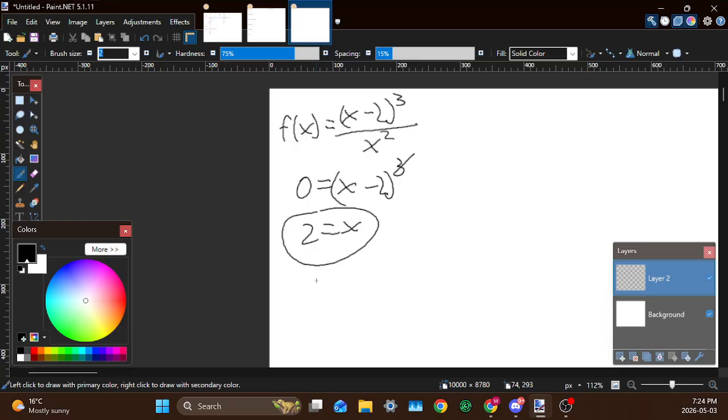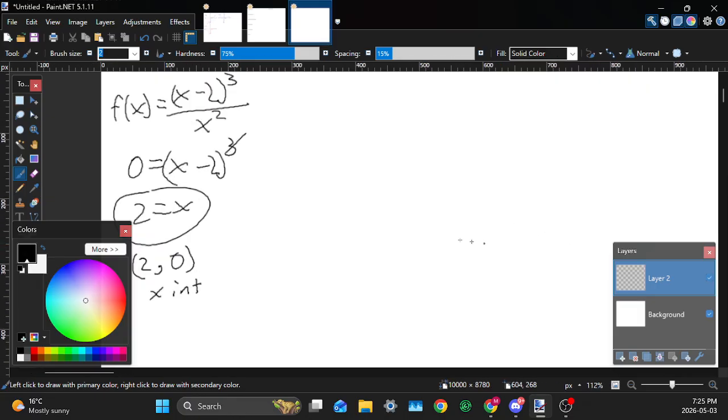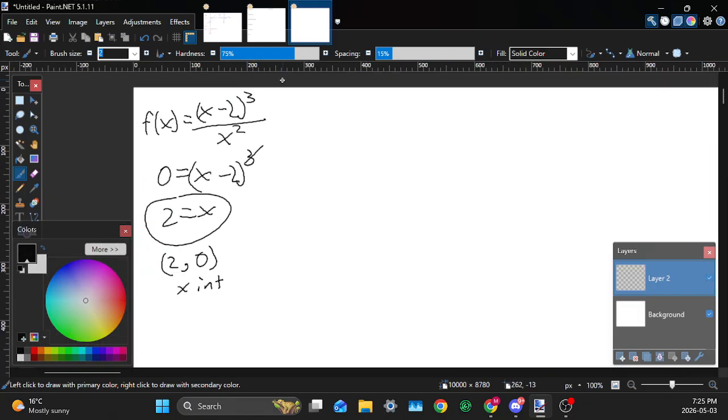This right here, (2, 0), is our x-intercept. And then since the x squared is in the denominator here, it does not equal 0, meaning that x does not equal 0. Our vertical asymptote is at x equals 0 right here.